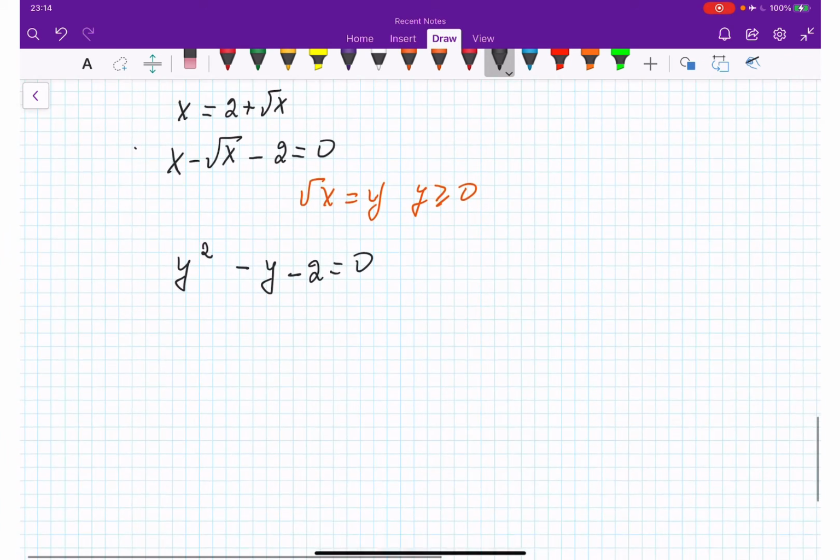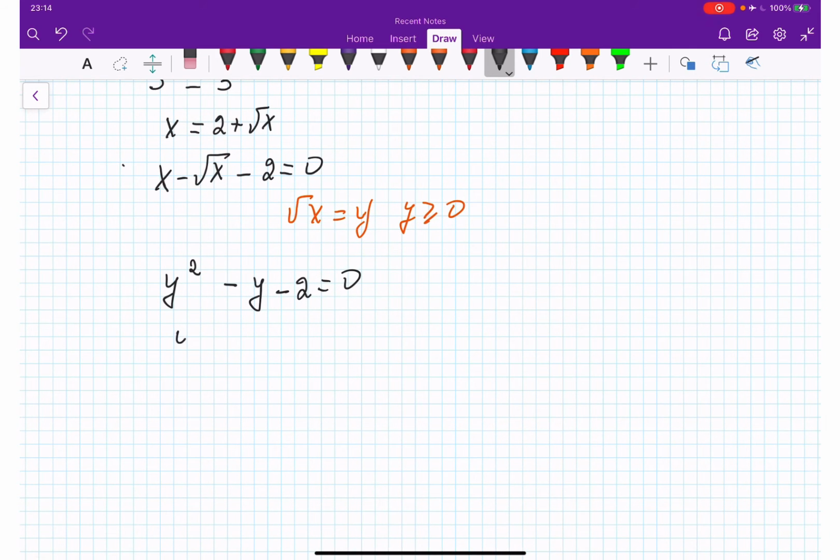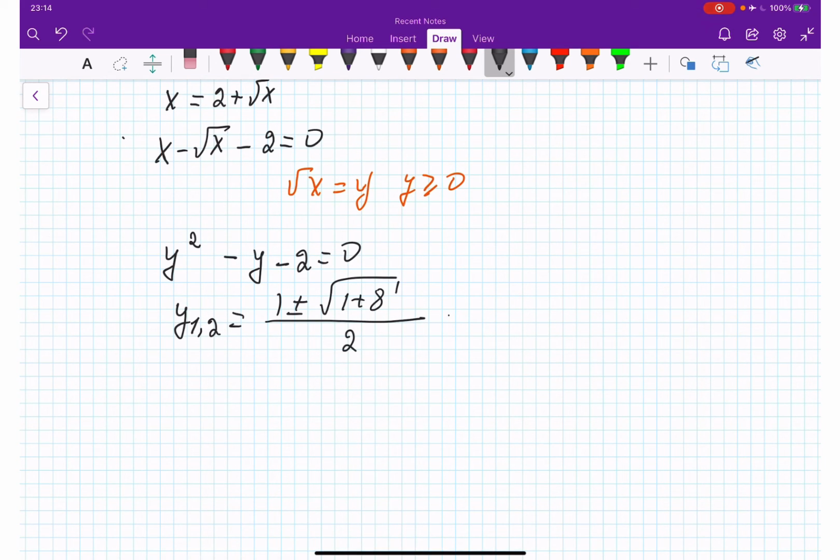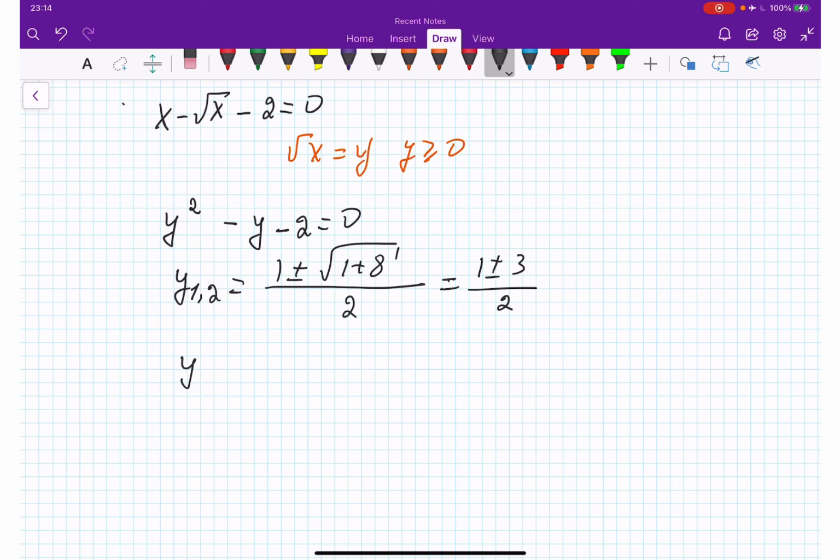And y1,2 is equal 1 plus minus square root of 1 plus 8 over 2, and that is equal 1 plus minus 3 over 2. So from here, y1 is equal 1 minus 3 over 2, and it's equal negative 1. And y2 is equal 1 plus 3 over 2, it's equal 2.